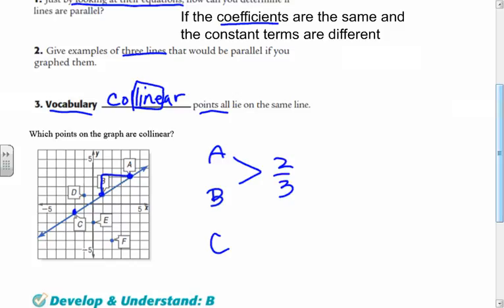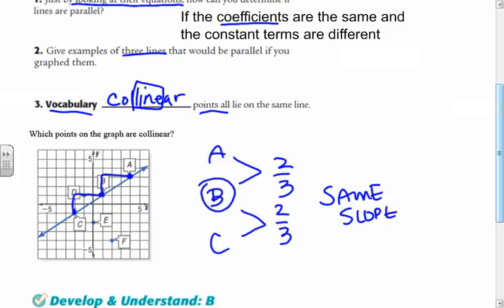And if you take the slope from B to C, rise over run, you also get 2/3. And since they share that point in common, that'll always happen if points are collinear. So basically, if you have the same slope between the points, then you will have collinear points.